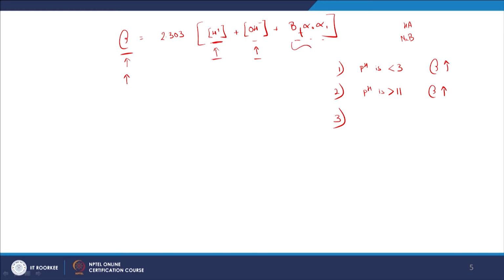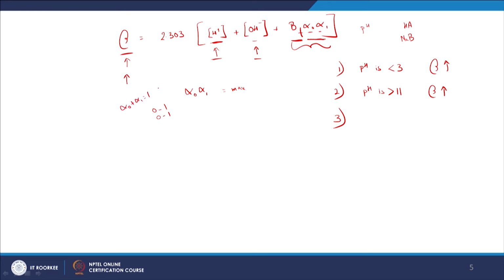And this is the critical aspect where the role of your particular acid or base that you plug in is going to come into play. Let us say for a particular system you control B total and that is going to stay the same, but alpha naught and alpha 1 will change with pH. We need to look at in which case the product of alpha naught and alpha 1 will be the maximum. We know that alpha naught can go from 0 to 1 and alpha 1 can also go from 0 to 1, and also alpha naught plus alpha 1 is equal to 1.